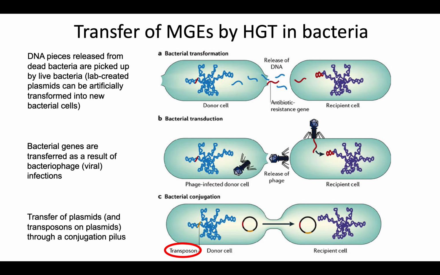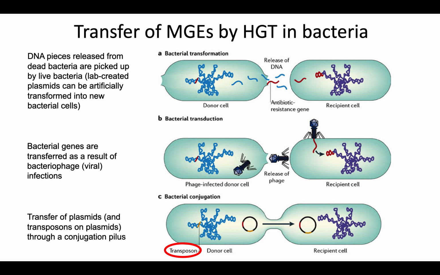Before conjugation took place, a segment of the DNA from the chromosome itself would have jumped into that plasmid, and that gene from the chromosome will then be part of the plasmid, and that will also be transferred into a recipient cell.